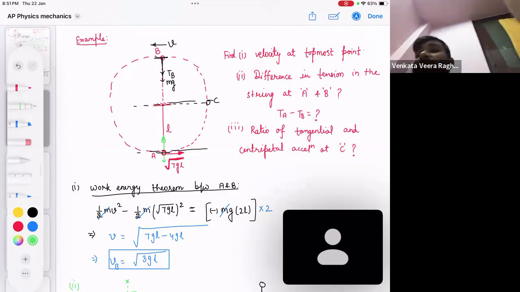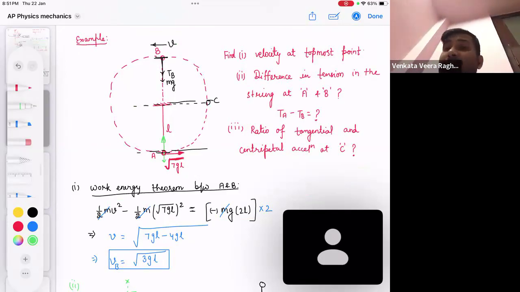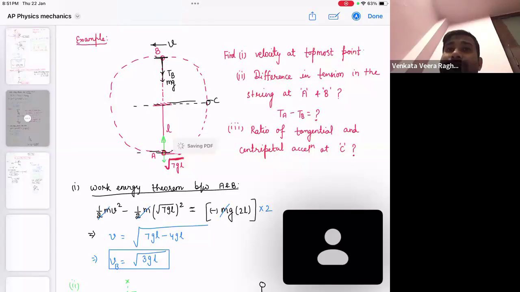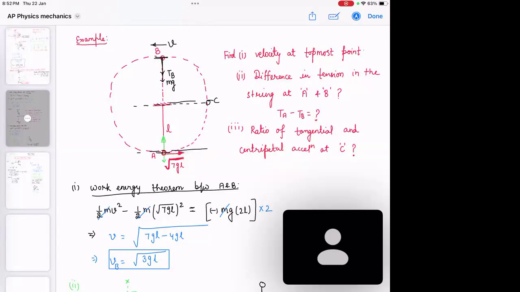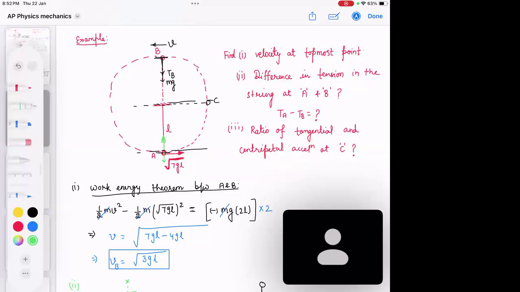So these are all the things that can be asked in the question. Understood? Please tell me, clear up to this? Yes, sir.